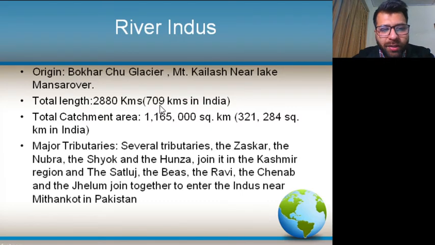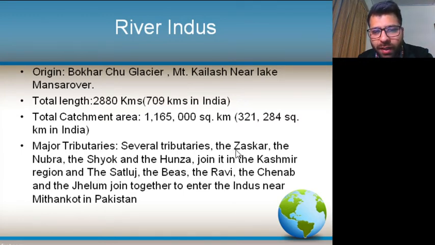The major tributaries, as I said, there are some tributaries that join the river in Kashmir region and Ladakh Union Territory, that is Zaskar, Nubra, Shyok, and Hunza. Nubra is one of the most beautiful places that I have ever visited in my life. And then the other tributaries are actually very small rivers.